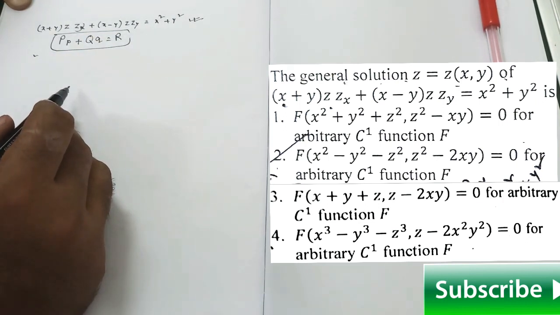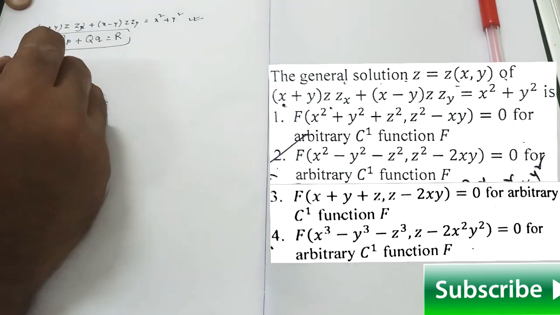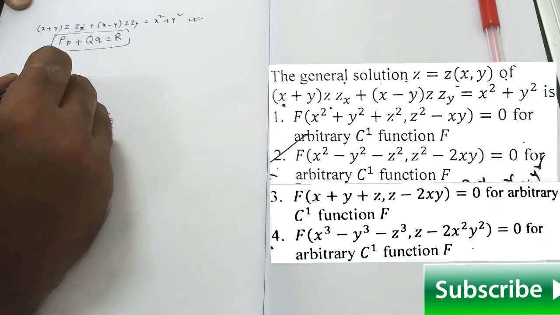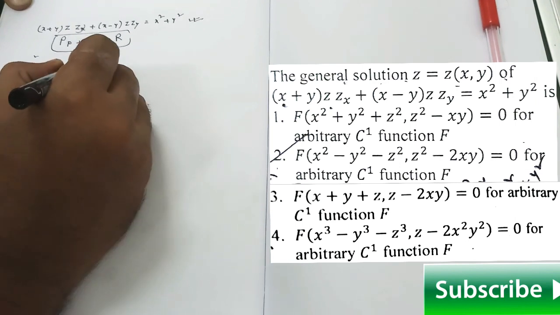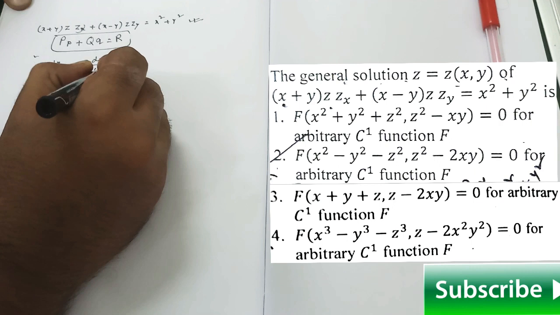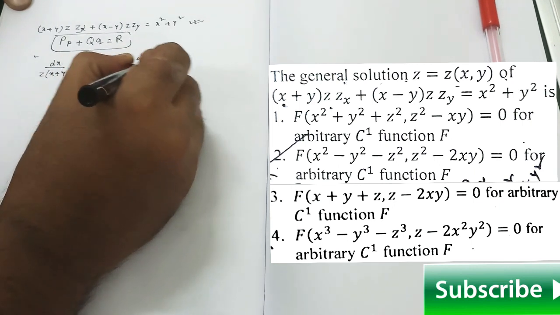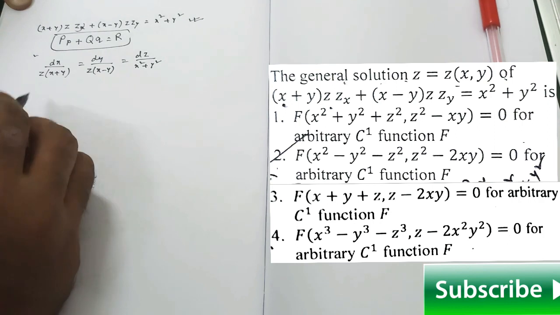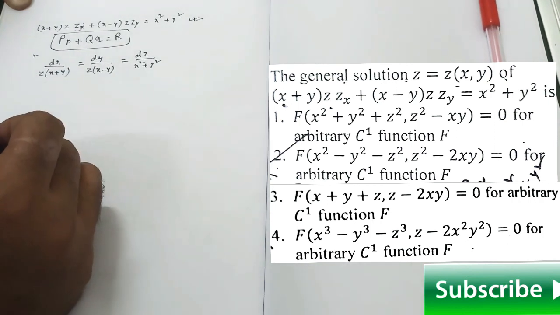Now simply construct Lagrange's auxiliary equation, and you are already familiar with that. So we have dx upon capital P, dy upon capital Q, and dz by x square plus y square. So you have this in your hand.